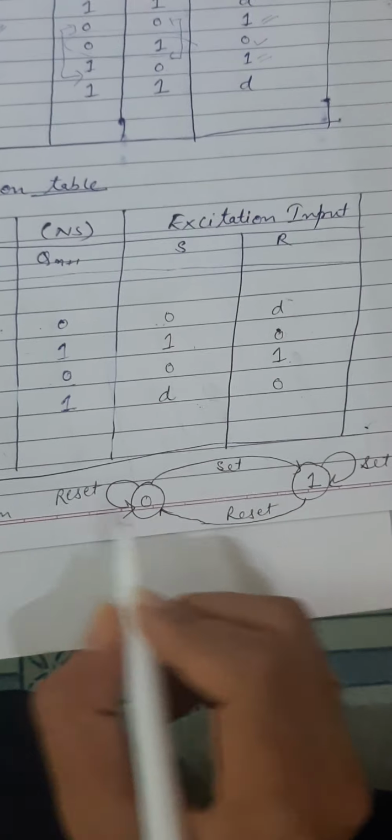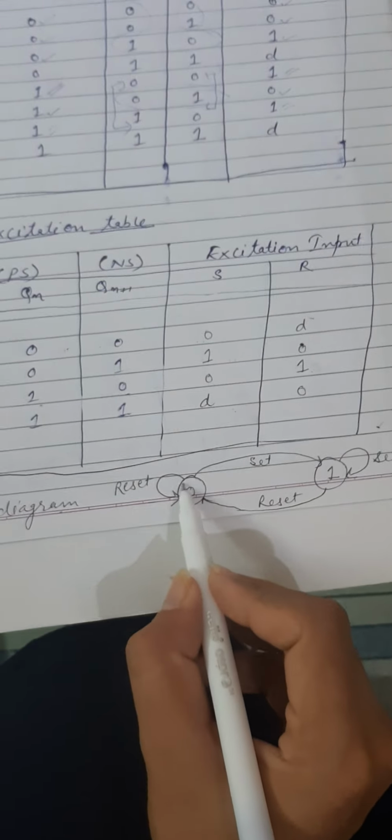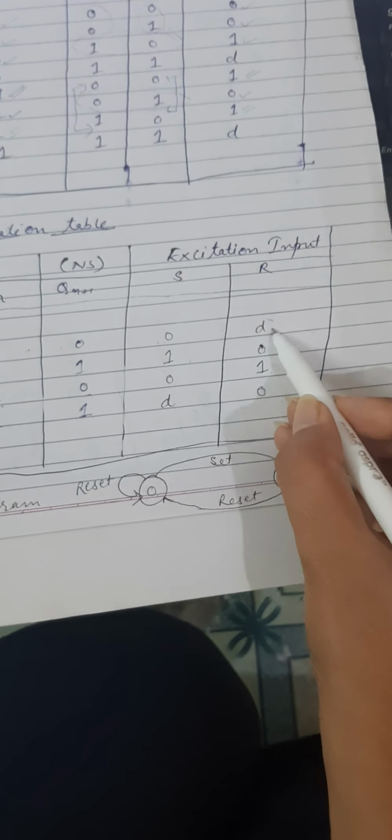So how to draw the state diagram? We will take two binary bits 0 and 1, and now check into the excitation table. When from 0 to 0 the value of R can be 1, so this is the reset state.